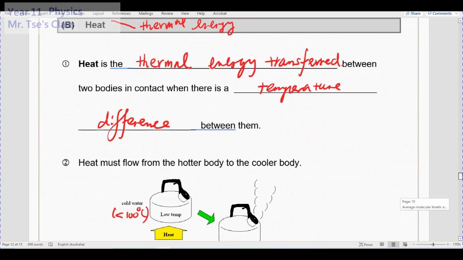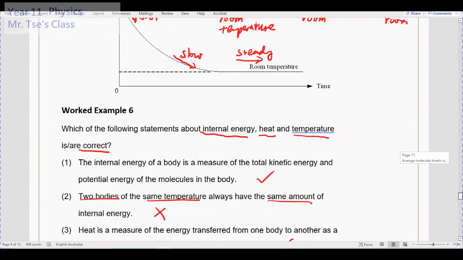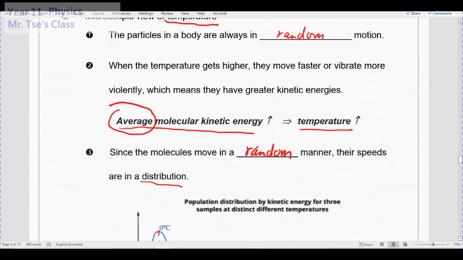Remember, average molecular KE depends on temperature. If you have the same temperature, you should have the same molecular kinetic energy. So this overrides the general comparison that gas has higher KE than liquid.